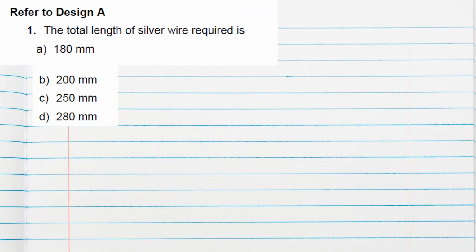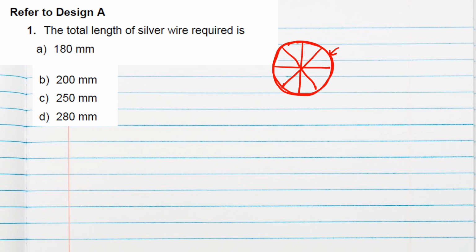Refer to design A. Total length of silver wire required is. Now see in design A, four diameters are made along with the boundary of this circle.